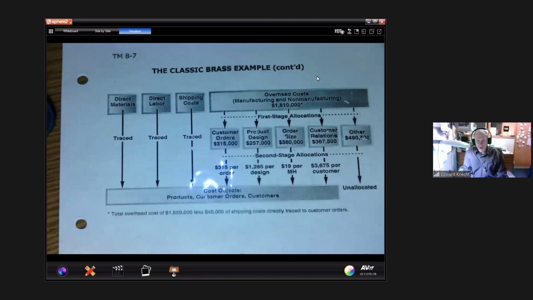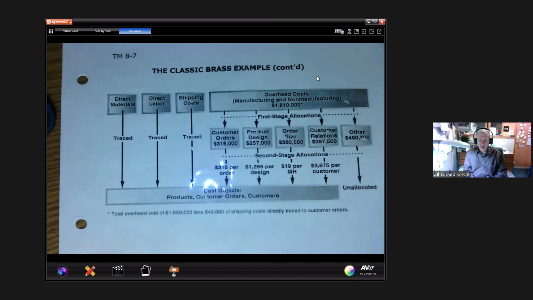Yeah, so when they updated their edition, they just used different numbers, but they kept basically the same model. So direct materials, direct labor, that's traced directly to the product. So that's no problem. We're going to do that just like we've done it with our traditional or volume-based costing systems. Shipping is directly traceable.